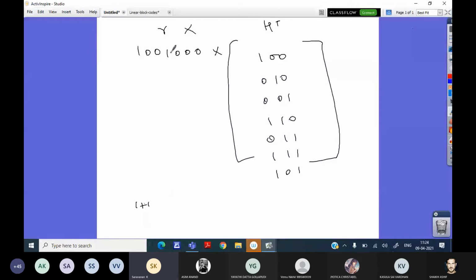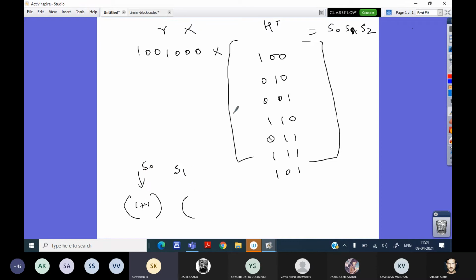Next 3 bits are going to be 0, right? So finally you will get this. I am leaving zeros out. So after multiplication, you are going to get S0, S1, S2. I am writing, this is my S0 value.